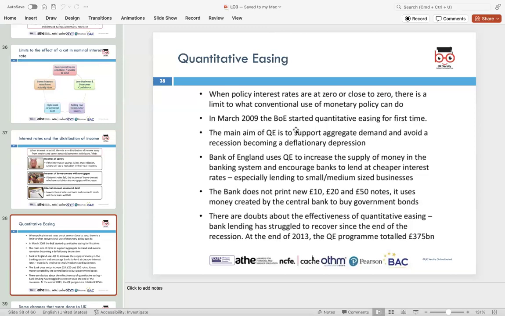The Bank of England utilized quantitative easing. This is especially beneficial for lending to small and medium-sized enterprises.